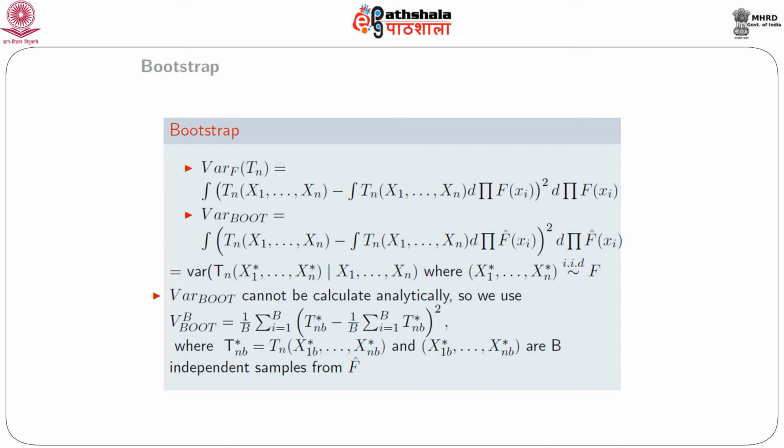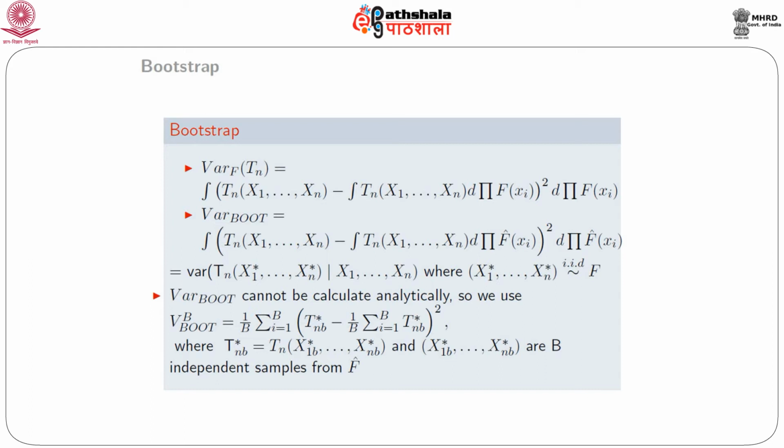But if V_boot cannot be calculated analytically, then what we do is we get V_boot based on B bootstrap samples. These B bootstrap samples are samples which are drawn from x1, x2, ..., xn repeatedly with replacement, and then T_n is calculated. For the bth sample, the T_n is denoted as T_{n,b} star.